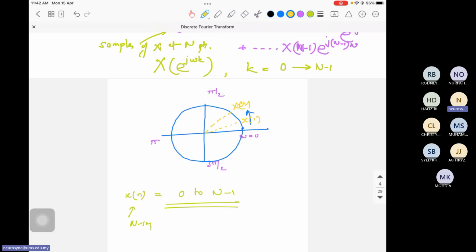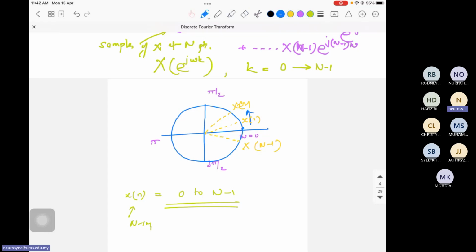So I have to make N number of parts of this circle. This is the sampling or discretization process, we can say. This last value I will say is x of N minus 1.